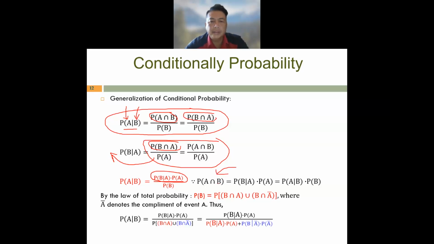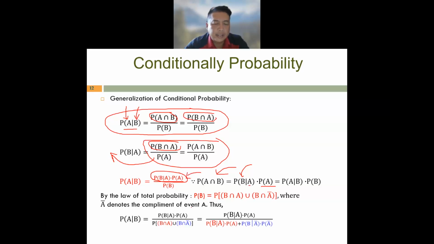The probability of having A and B is equal to the product of the probability of A times the probability of B given A. So we simplify that one using that one.